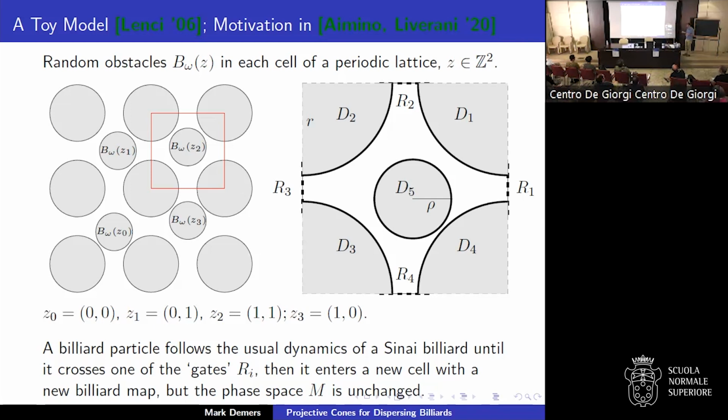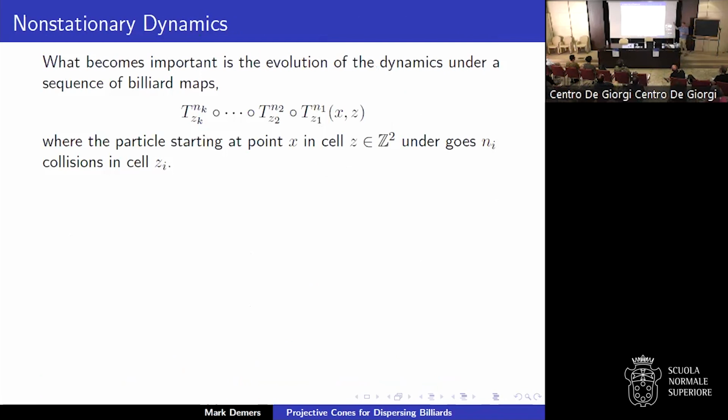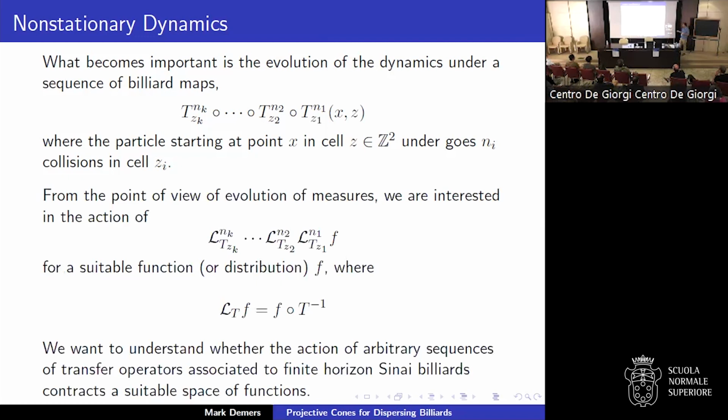And that's a situation in which you're thinking about a concatenation of different maps that maybe change a little bit or maybe change a lot, depending on how you allow that central scatterer to change. That's going to be put down by some random process. And then as you move from one cell to the next, you apply a different billiard map, a certain number of iterates until you move on to the next cell. And so that's the dynamics.